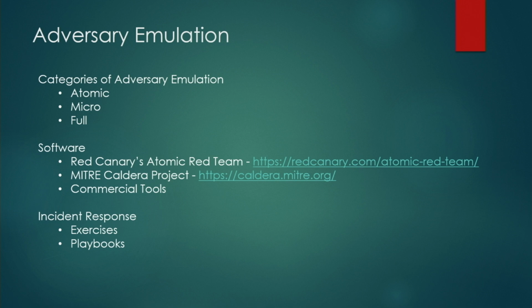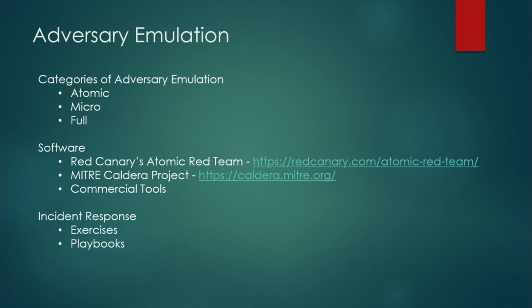So to do this, we're going to take a system, install all of our standard security tools on that system, and then run commands that actually mimic adversary behavior. This is going to tell us whether or not our tools are tuned properly. Different types of emulations we can do are atomics.